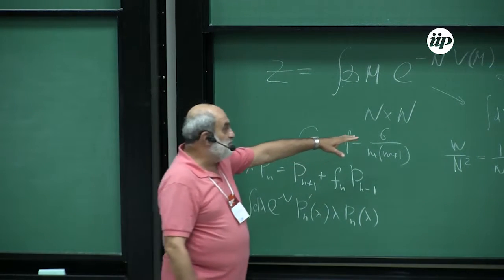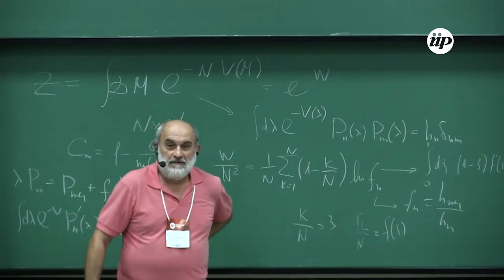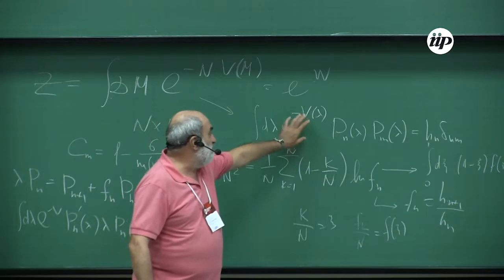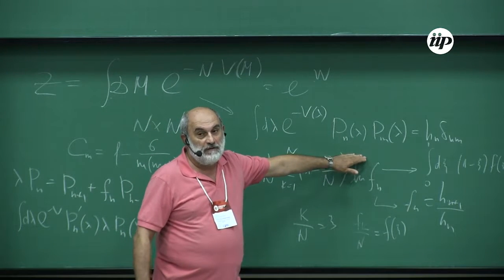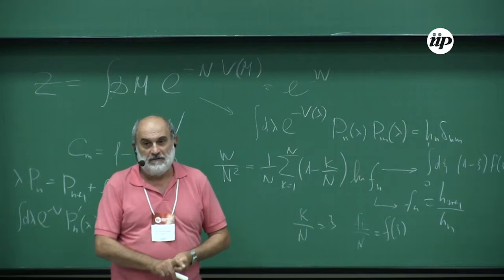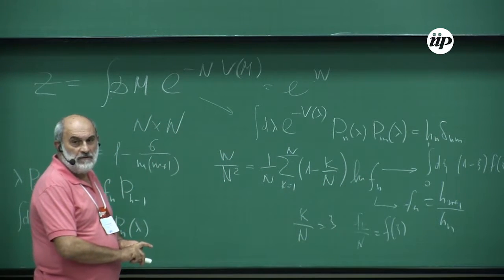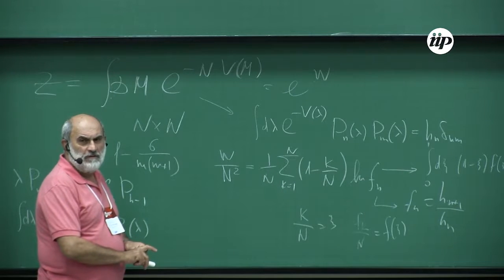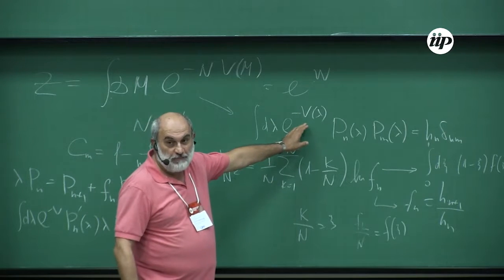It's defined. These polynomials depend on V. It's a defining measure, an integration measure for the polynomials. Yes, of course, it depends on V. I'm just going to this point.